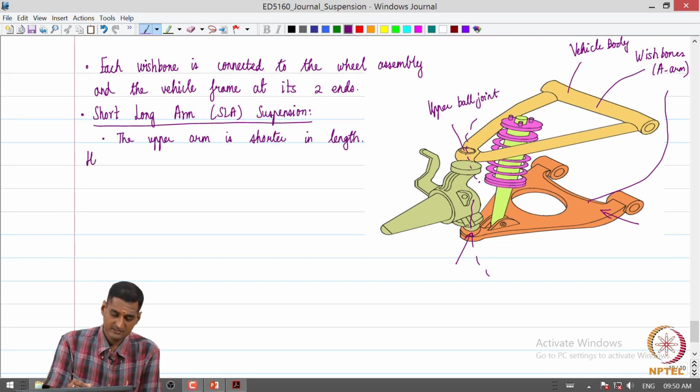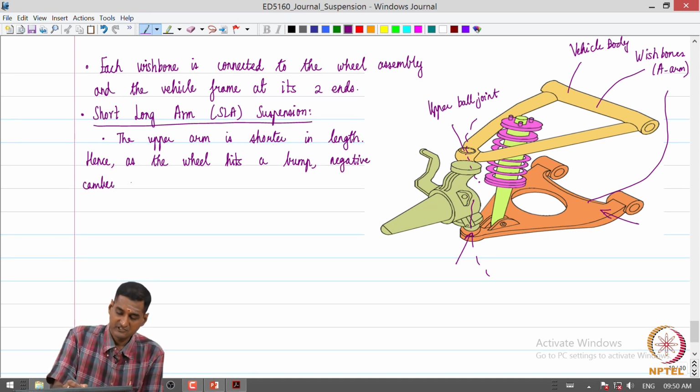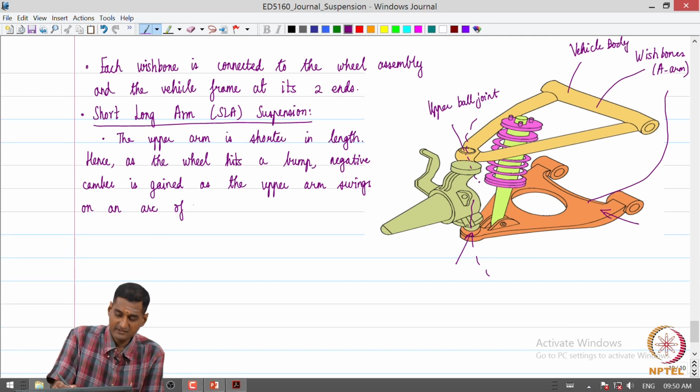Hence, as the wheel hits a bump, a negative camber is gained, since the upper arm swings on an arc of smaller radius.